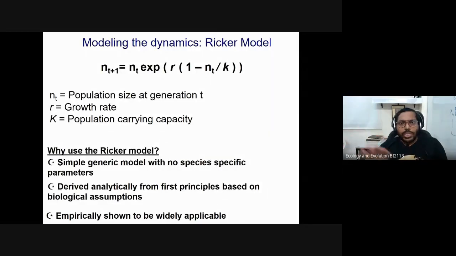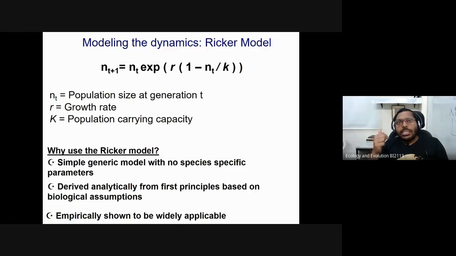What is scramble competition? We'll deal with it in the next topic when we talk about competition, but it's a very common form of competition present across vast parts of the animal kingdom. Therefore it's not at all surprising that this model has been empirically shown to be capable of explaining the dynamics across a very wide range.